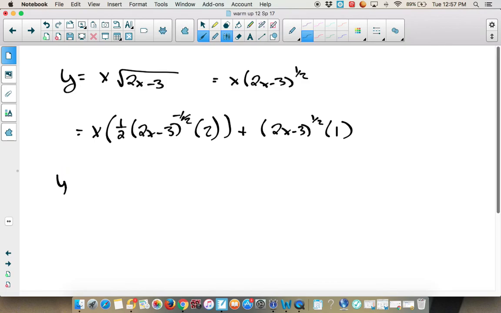But I could have also turned this into this particular function, the x. You can square it and put it back up underneath, and that's going to give you 2x cubed minus 3x squared to the 1/2.